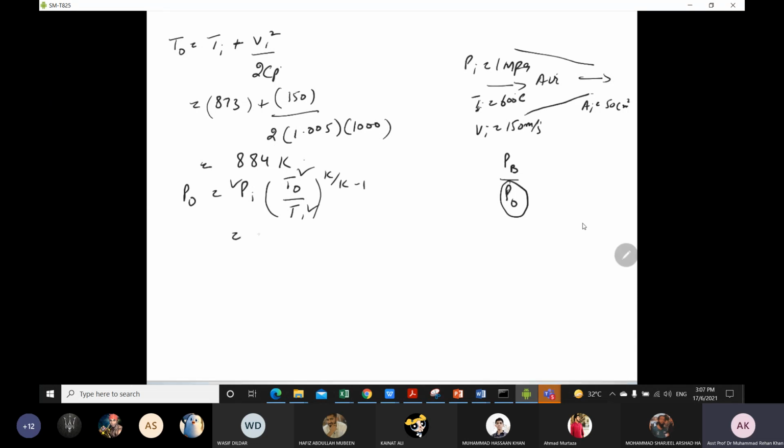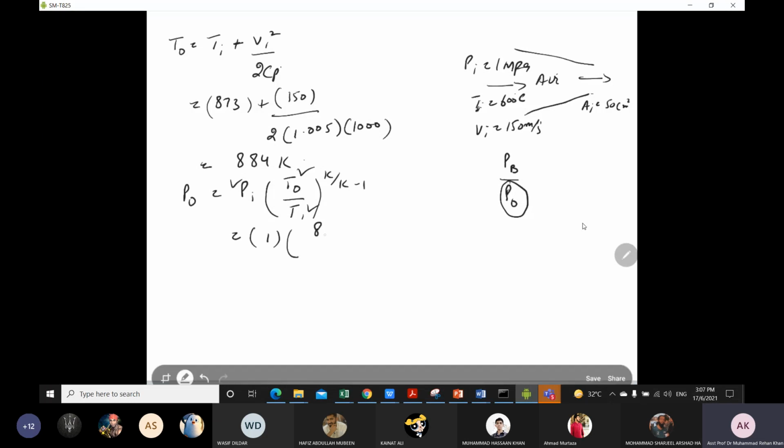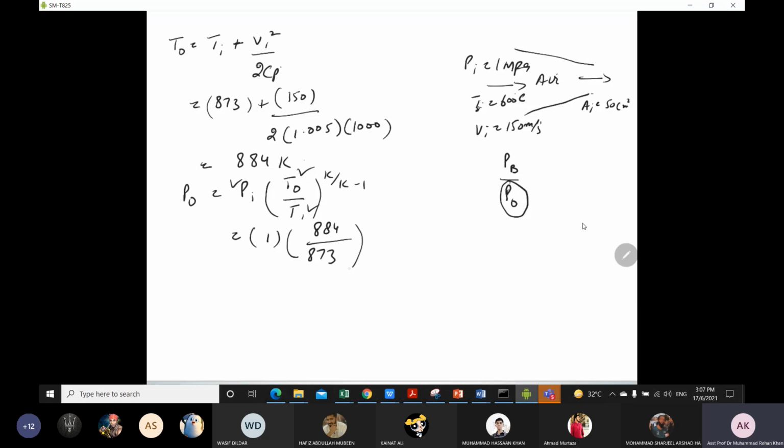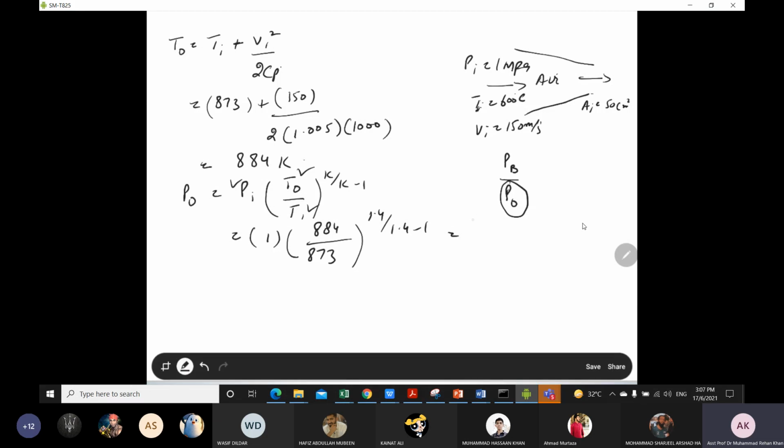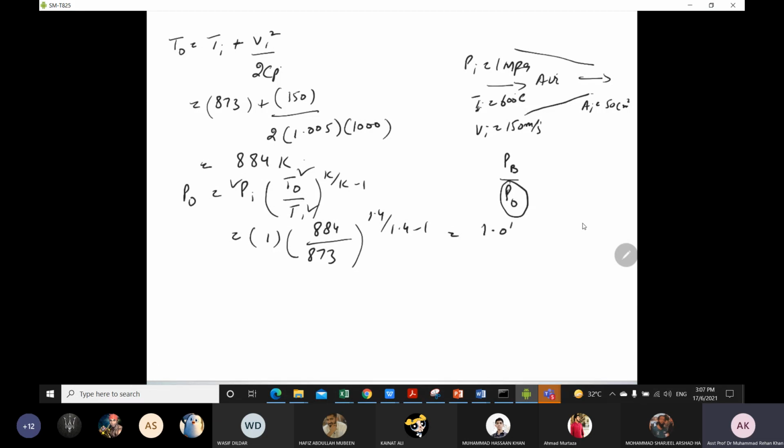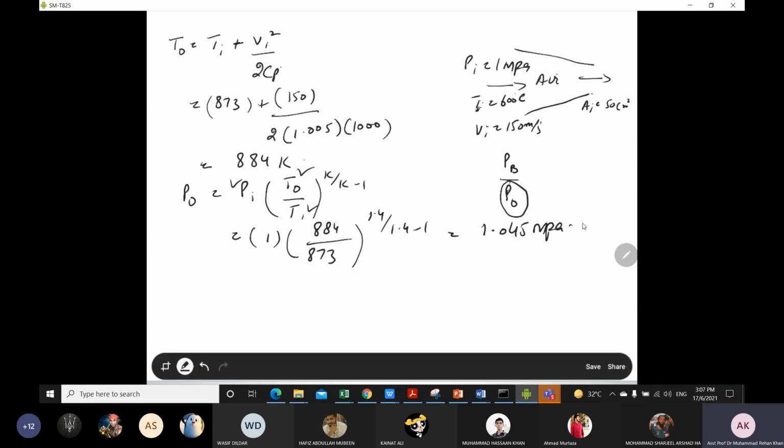So simply plug in all the values: Pi is 1 megapascal, T naught is 884 Kelvin, Ti is 873 Kelvin, and K is 1.4, so 1.4 minus 1. If you solve it, you will get the value as 1.045 megapascal. So now we have the P naught value with us. You have to note it down, then we will start with part A.